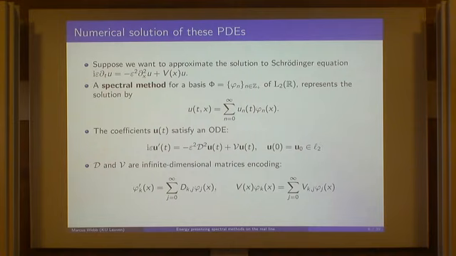Then the coefficients of that expansion, which we might represent in an infinite vector u of t, will satisfy an infinite dimensional ODE, where D and V are infinite dimensional matrices encoding the derivative and multiplication by the potential V. So this defines the matrices D and V in the discretization. And we want to ask, how can we ensure that D is skew symmetric?